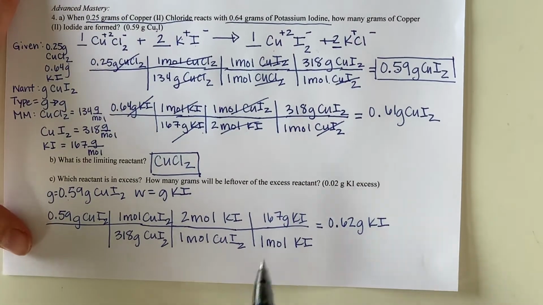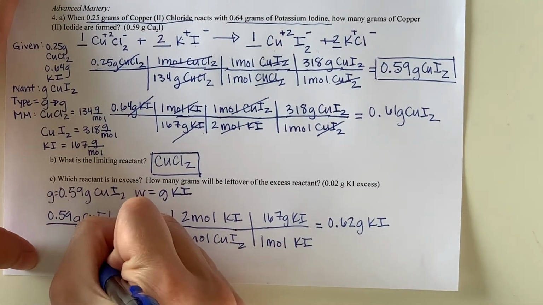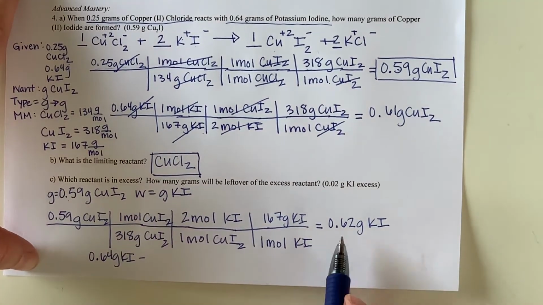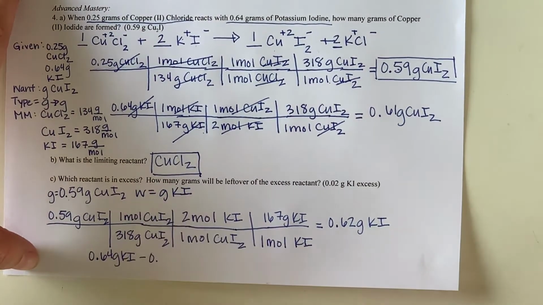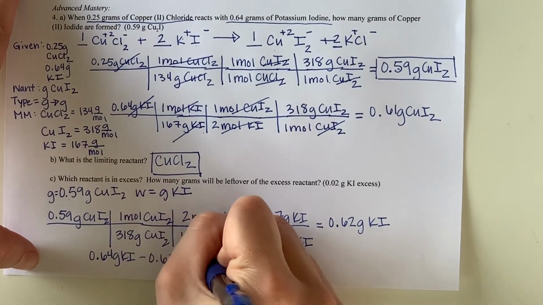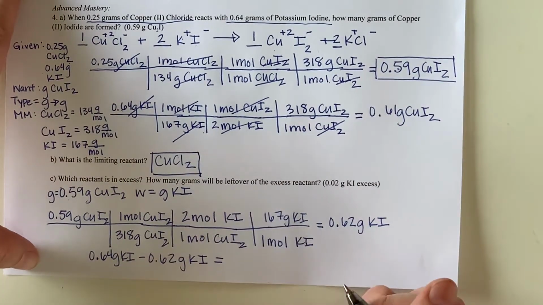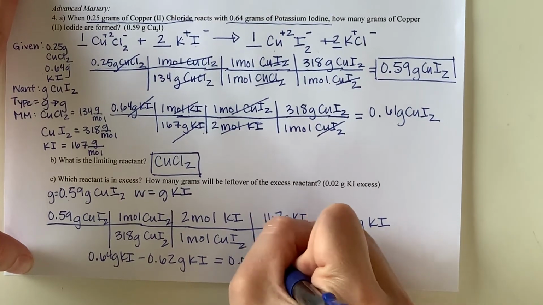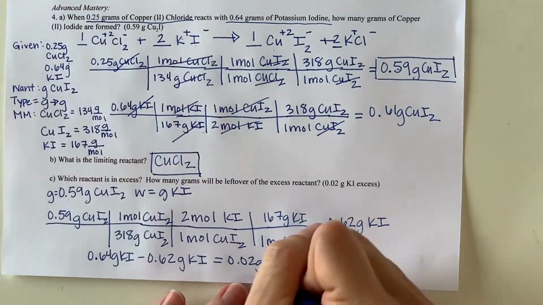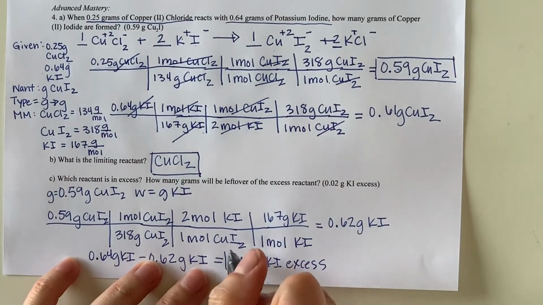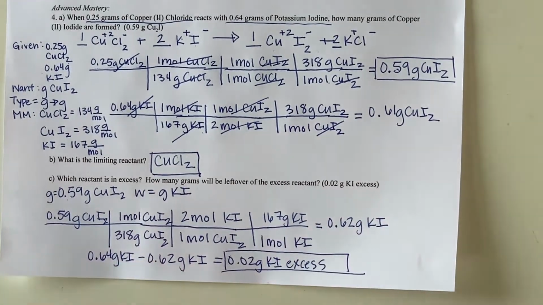So if this is how much I really needed, I take how much I started with, which was 0.64 grams, and I subtract how much I needed, 0.62 grams. That should give me an answer of 0.02 grams potassium iodine were excess or left over. I hope that helps.